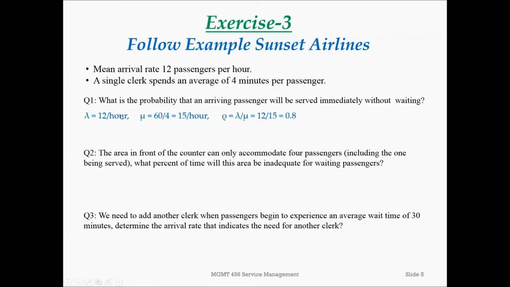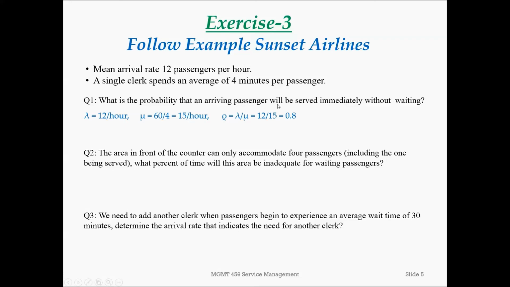Now we know the arrival rate is 12 per hour and the service rate is 15 per hour. We can easily calculate rho: lambda divided by mu, which is 0.8. Now we can answer the first question. It's a probability problem. The probability about what?